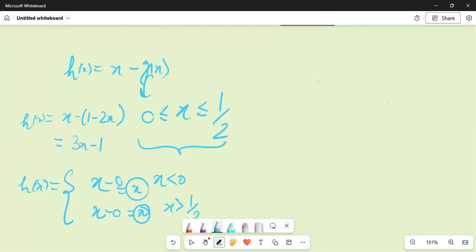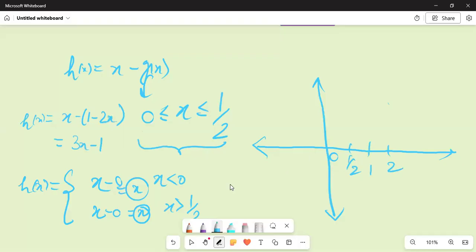Now try plotting it. When x is less than 0, it is the line hx is x. When x is greater than half, it is again the line x.